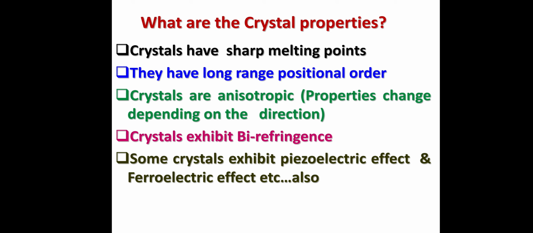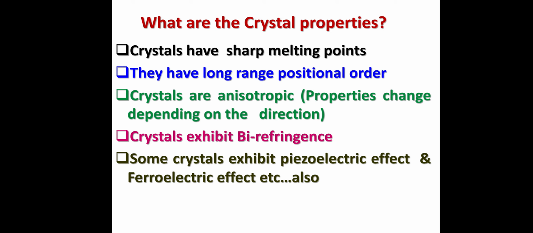Okay, so let's go through some crystal properties, very important properties. Crystals have sharp melting points. They have long range positional order. They are anisotropic, that is, properties change depending on the direction, whereas you have isotropic materials.